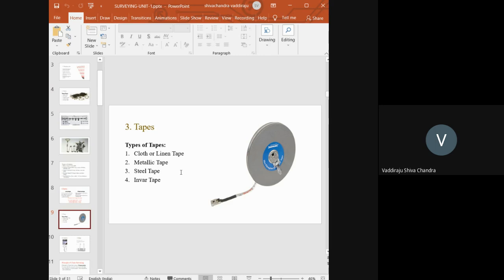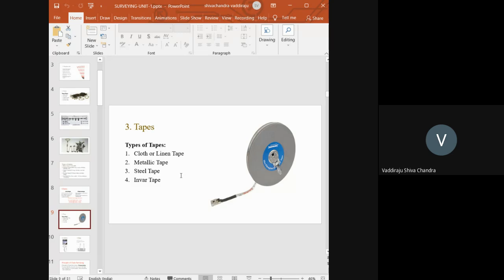But if you use it in a desert area where temperatures are 50 or 60 degrees centigrade, the tape will get deformed because it can resist only up to 30 degrees centigrade. When you use that tape at 60 degrees, definitely the metal will get deformed by some small amount. That is the disadvantage of metallic tape and steel tape.